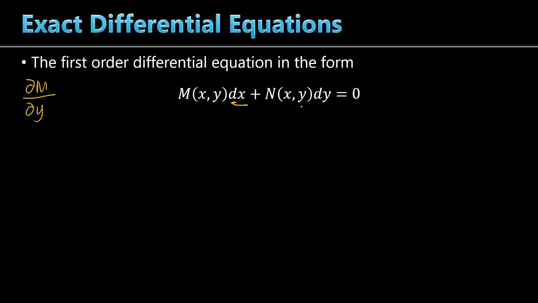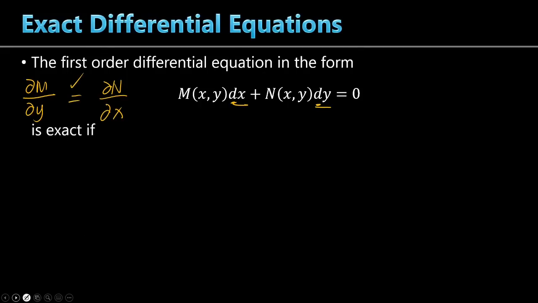And for this term, since its multiplier is dy, kapag kinuha mo ang partial derivative niya, dapat hindi with respect to y. So it should be with respect to x. Now, if their partial derivatives are equal, then the differential equation is said to be exact.